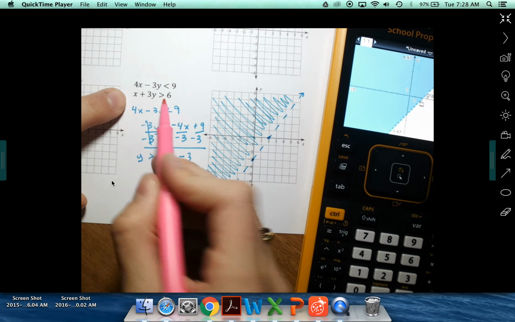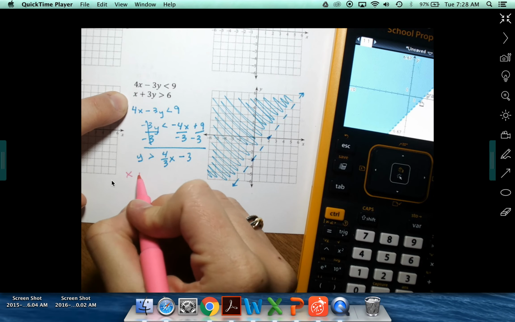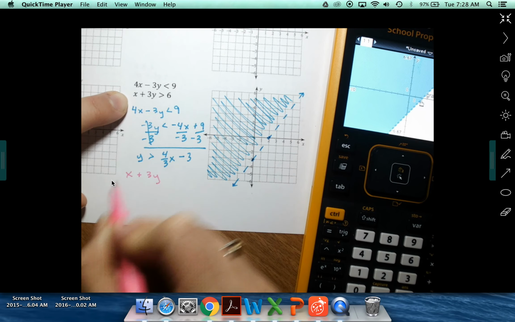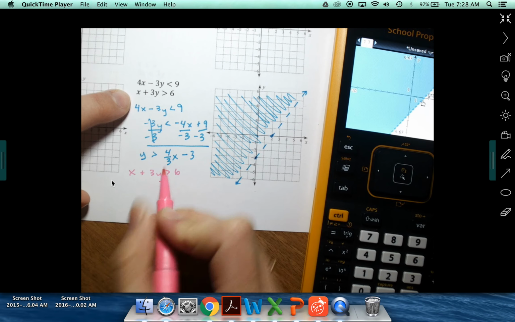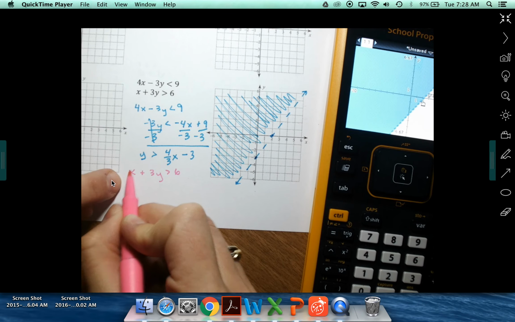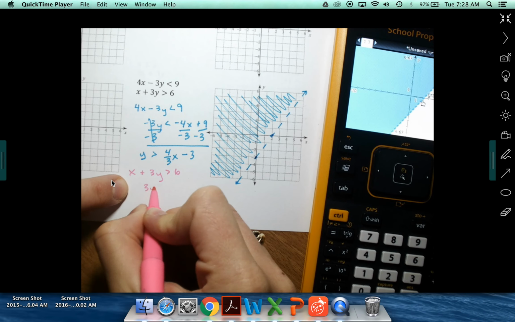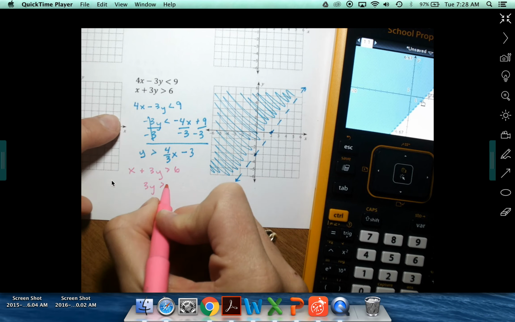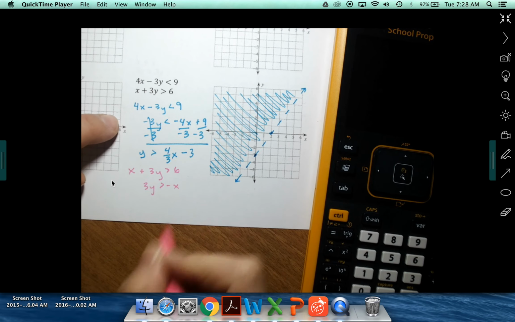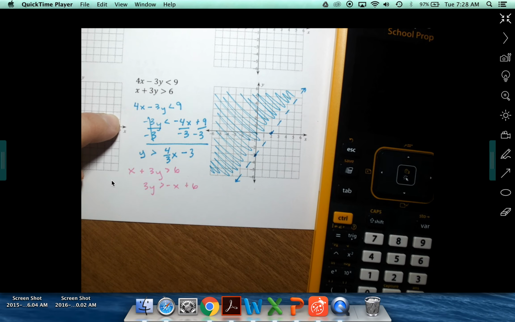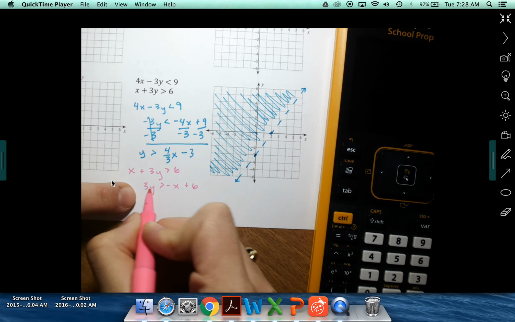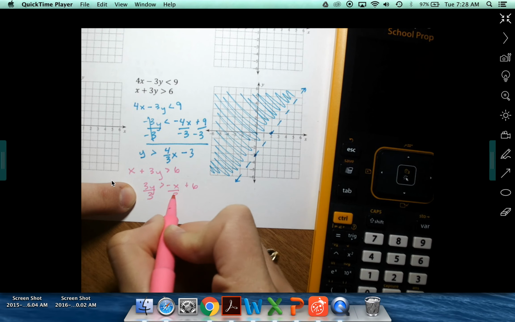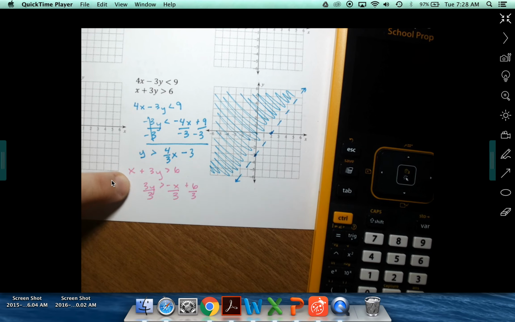Okay, so my second inequality is x plus 3y is greater than 6. Obviously I need the y by itself, so I'm going to move that x over. When it moves over, it's positive right now, so we'll put a negative x when we move it, plus that 6. Then we'll divide everything by 3.